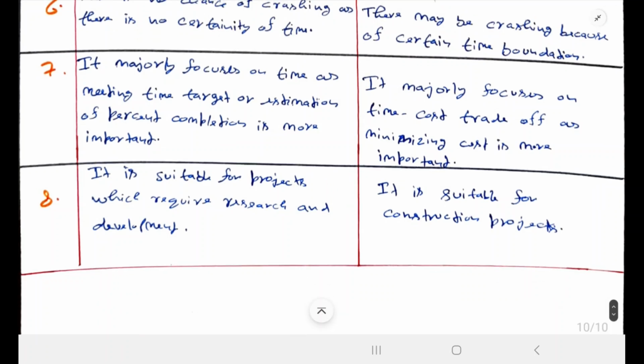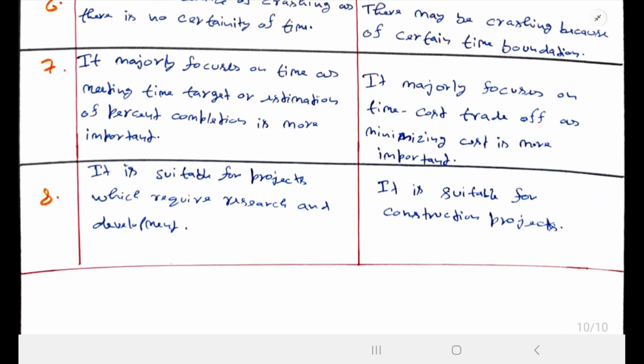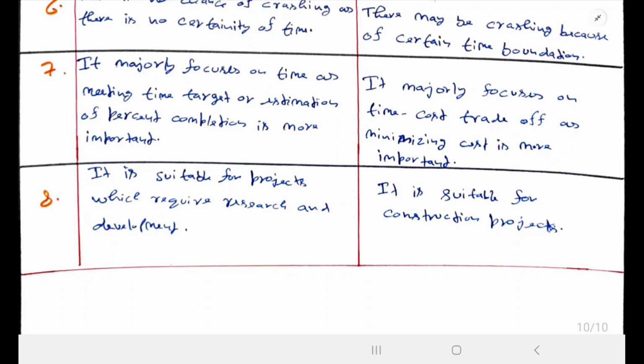PERT majorly focuses on time, as meeting the time target or estimation of percent completion is more important. CPM majorly focuses on time-cost trade-off, as minimizing cost is more important.